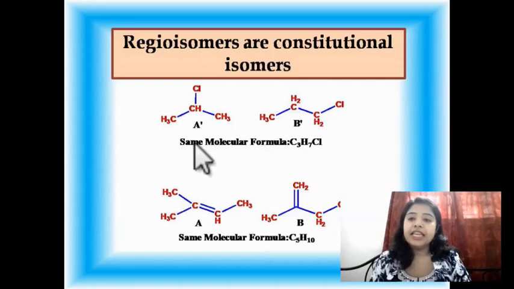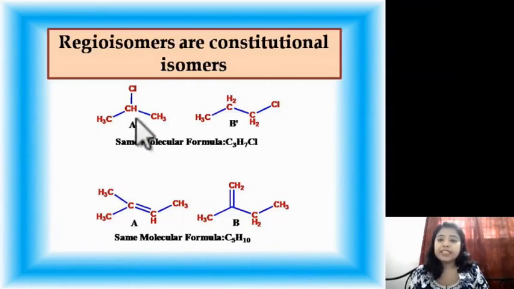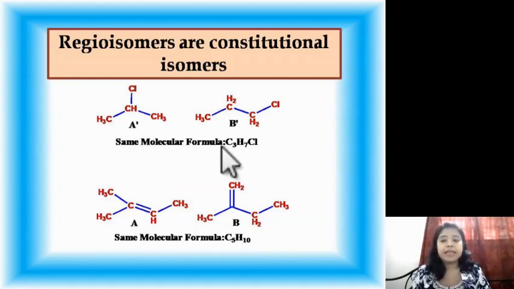Here you can see this has the same molecular formula. This will also have the same molecular formula. A and B are referred to as constitutional isomers. Here A dash and B dash are also constitutional isomers. They have different bond connectivity but the same molecular formula. In the previous example also we observed regioisomers which were constitutional isomers of each other.